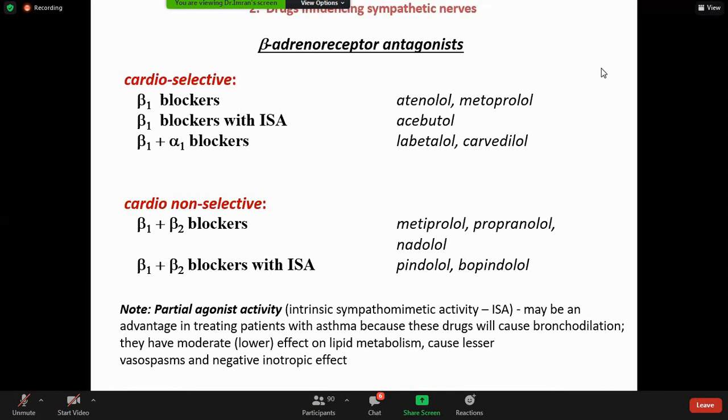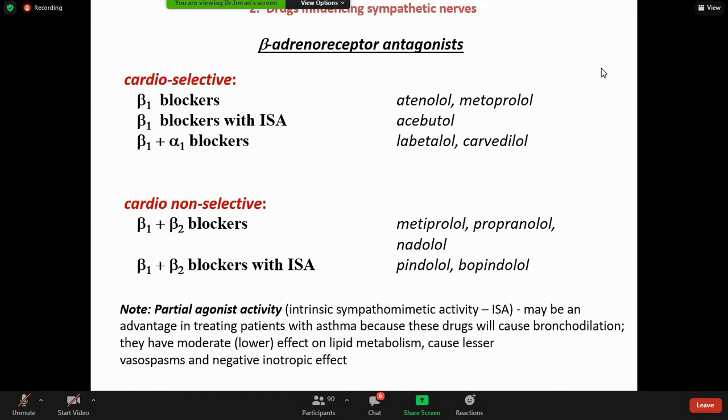Very good. Okay, there is another clinical point that could be asked in the exam. In a patient having a history of diabetes, we have to be very, very careful if we are using non-selective beta blockers. These two questions are very important clinical correlations. Now, can anyone tell me why, if a patient is diabetic, we have to be very careful?